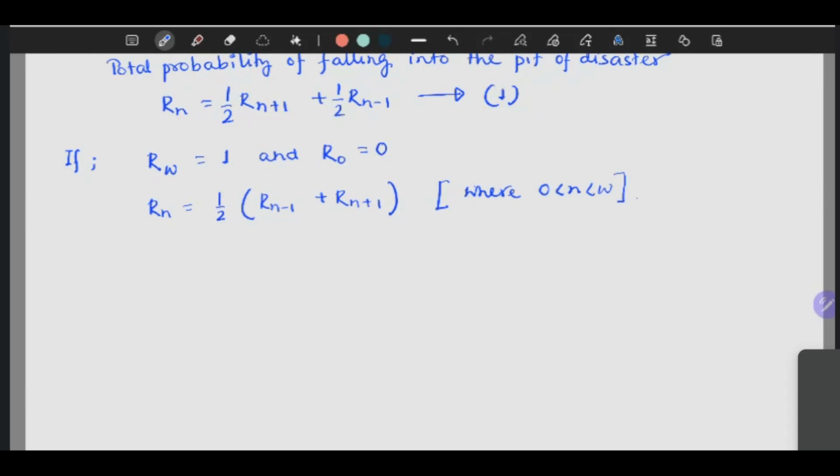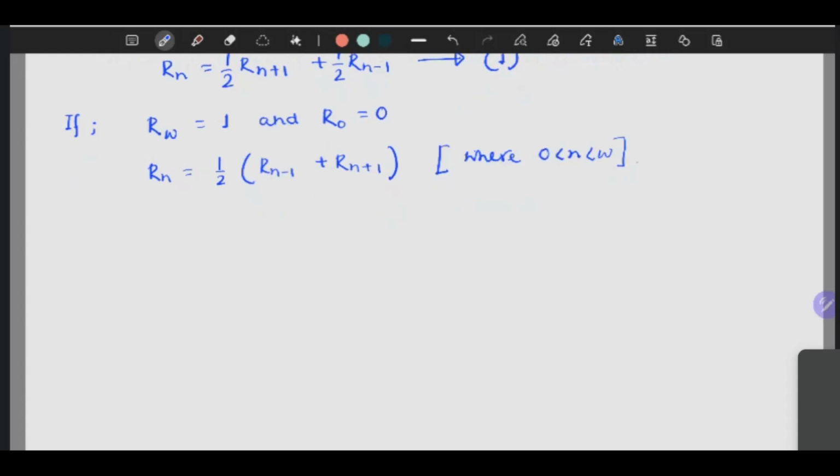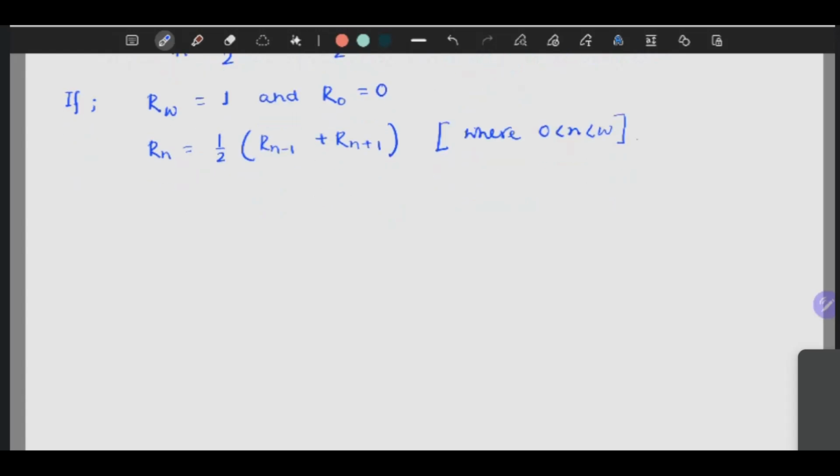Okay, so this is a linear recurrence. In a normal recurrence, R_n is written as a function of preceding terms, right? But here R_n is a function of two terms.